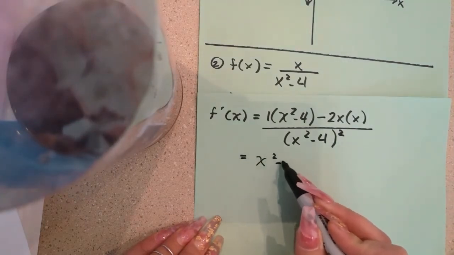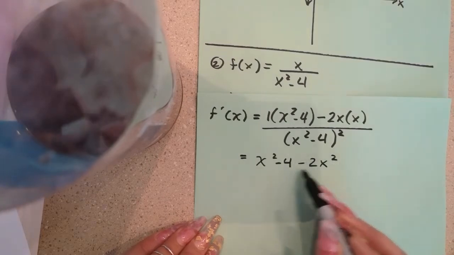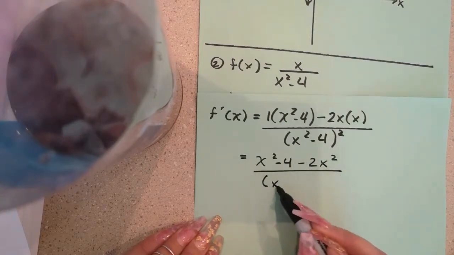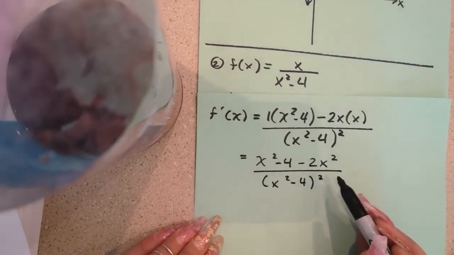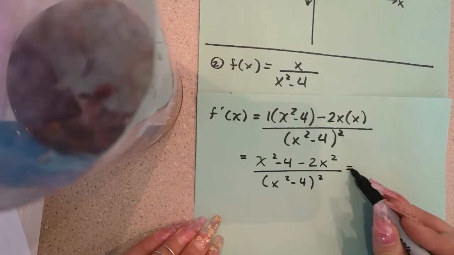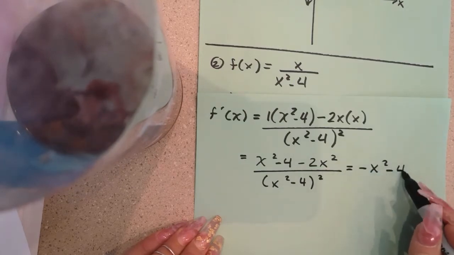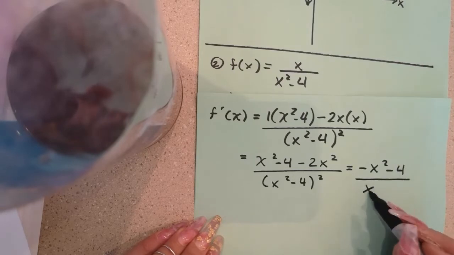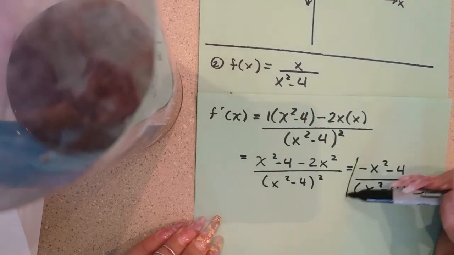So what is this? x squared minus 4 minus 2x squared, over x squared minus 4 squared. So negative x squared minus 4 over x squared minus 4 quantity squared. Okay, there's my first derivative then.